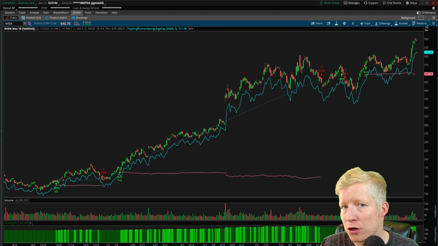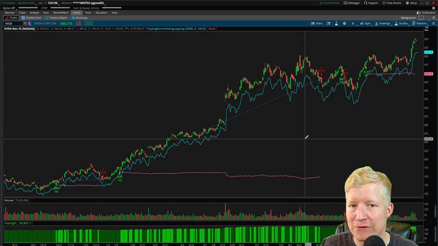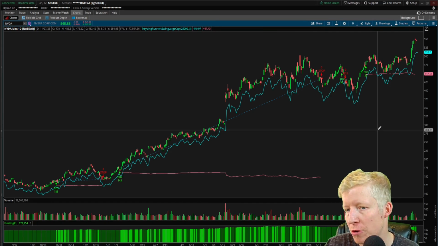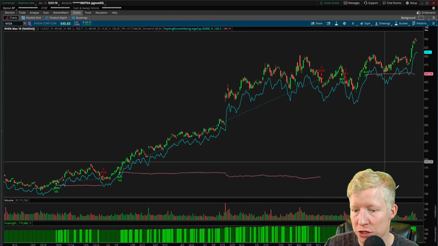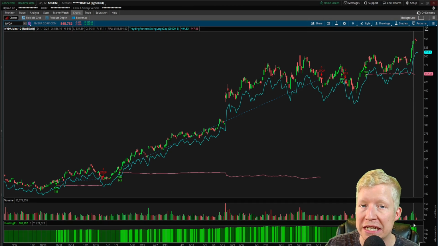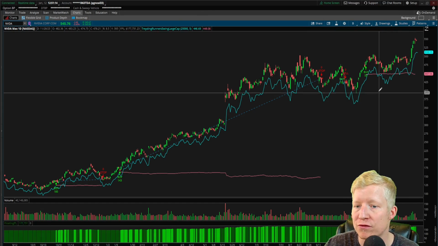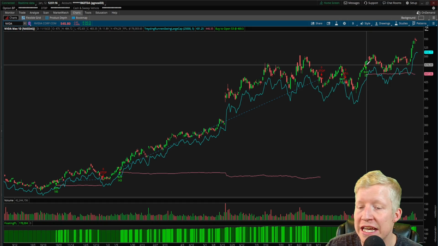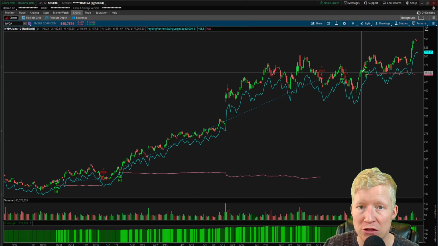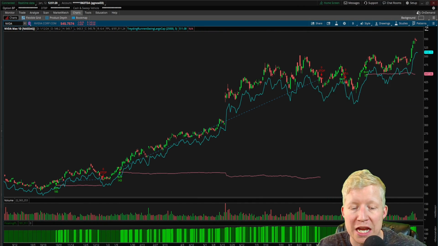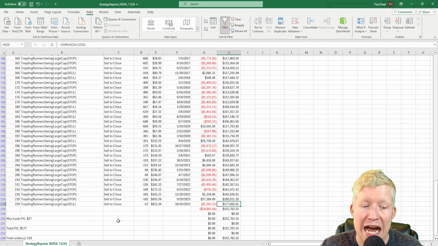So the second and final reason you would be seeing slightly different numbers in your total P&L on your backtest versus the actual results that you're seeing from the floating P&L study within the ThinkorSwim platform is, look at NVIDIA. It is currently in a trade, right? So of course, I'm not going to be able to pull the correct statistics. I don't have the exit of this trade yet.